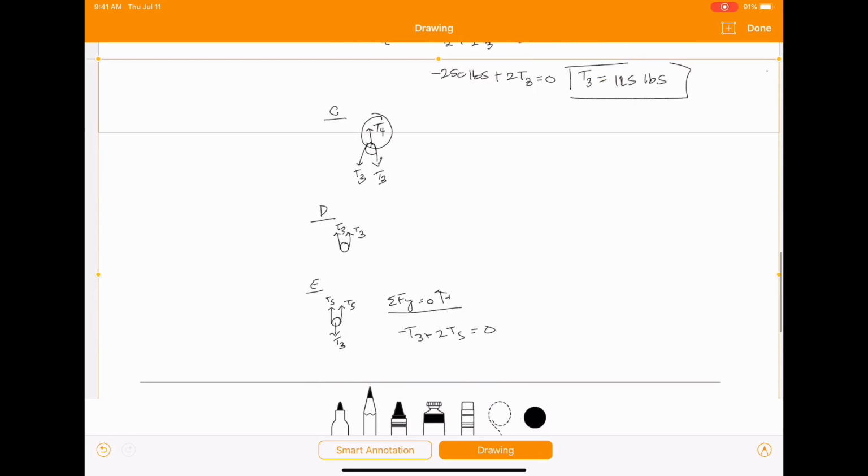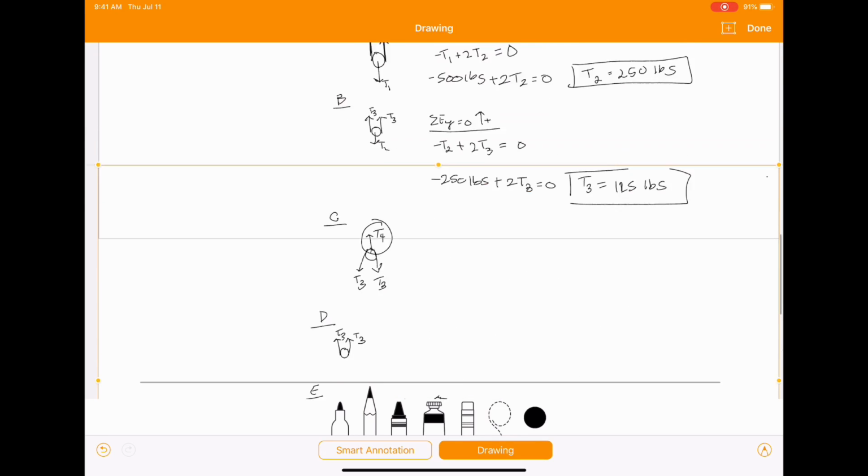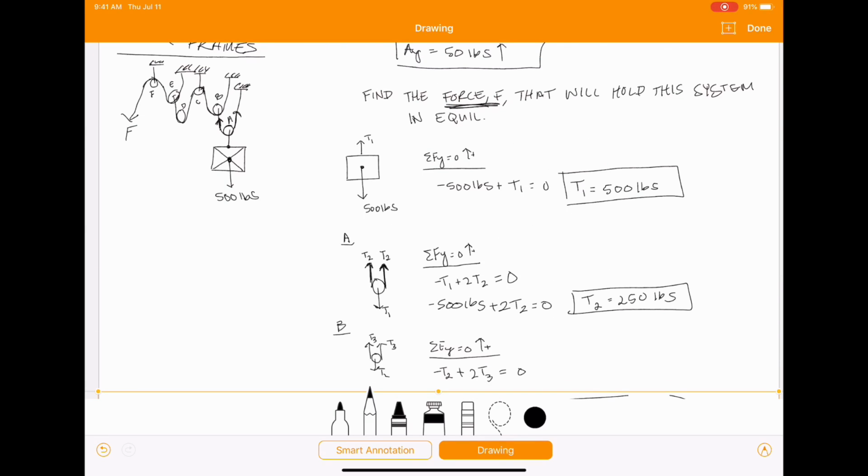We know what T3 is. So we can solve for T5, which is going to be 62.5 pounds. Now we can keep moving through to our final pulley, which is F.